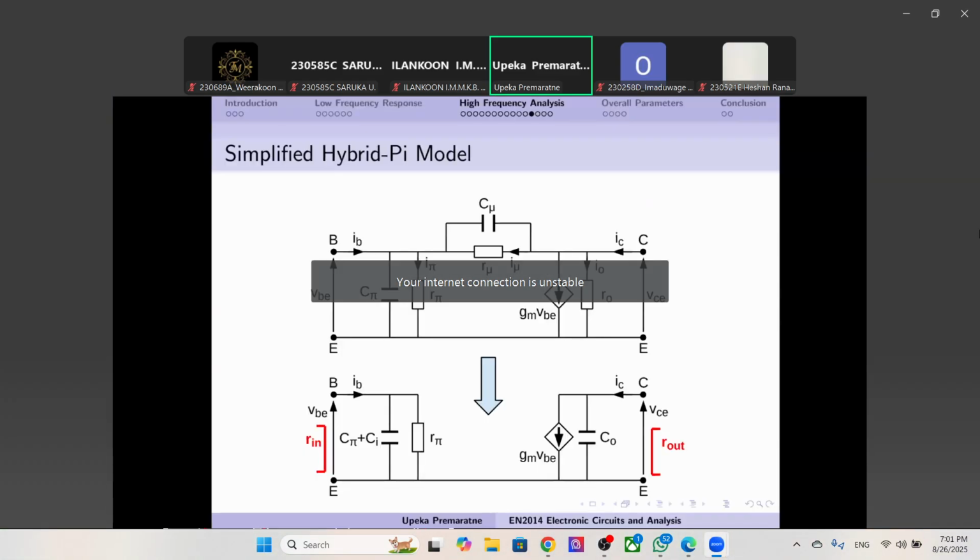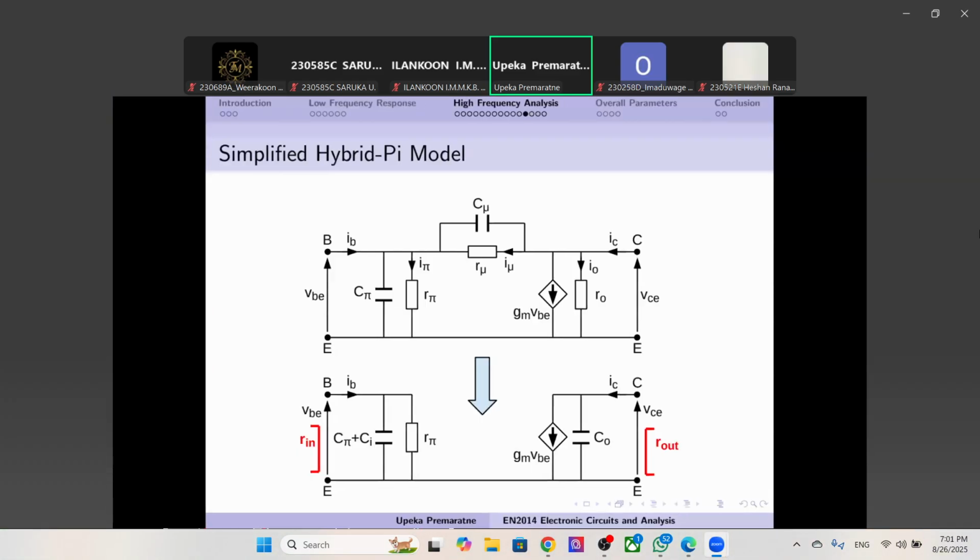I will periodically start and stop the recording, because most of the time I'll be giving you all time to attempt the questions. Okay, so this is the slide where I have included the simplified hybrid pi model, right?